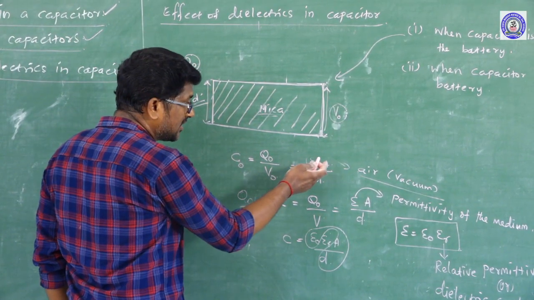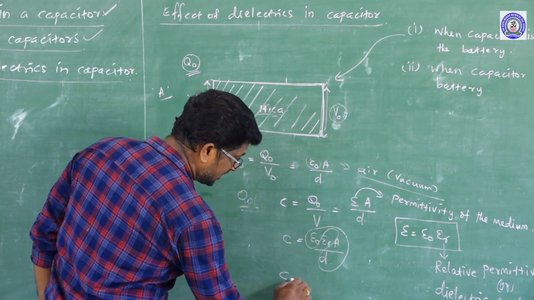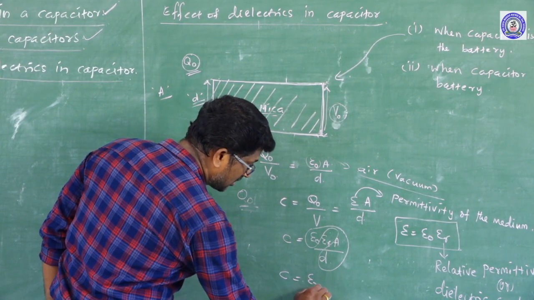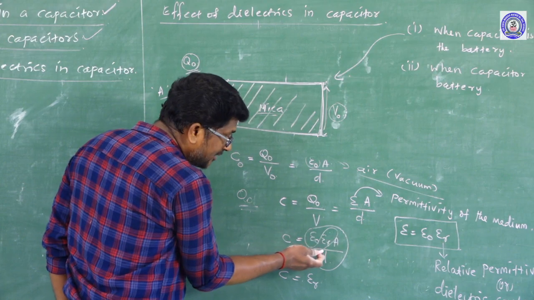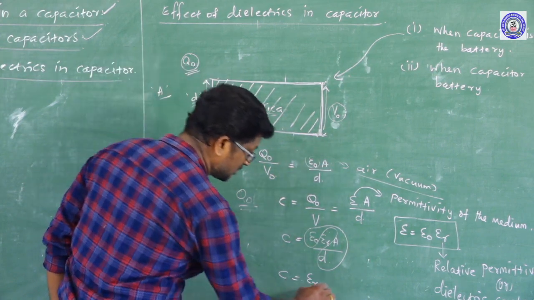Therefore, C is equal to epsilon r times C naught.